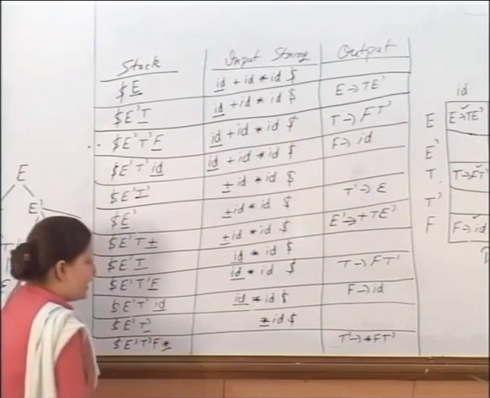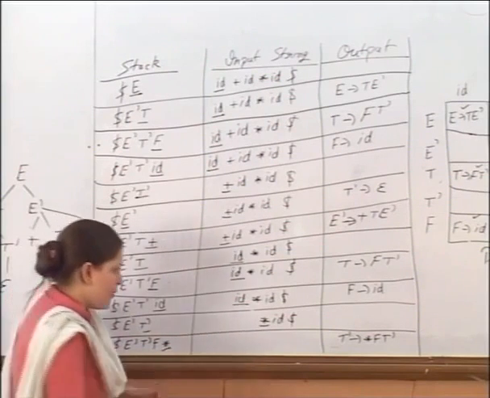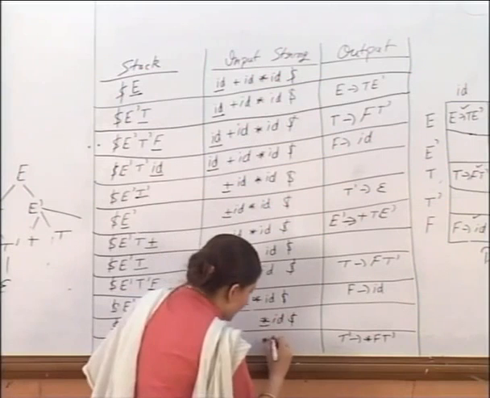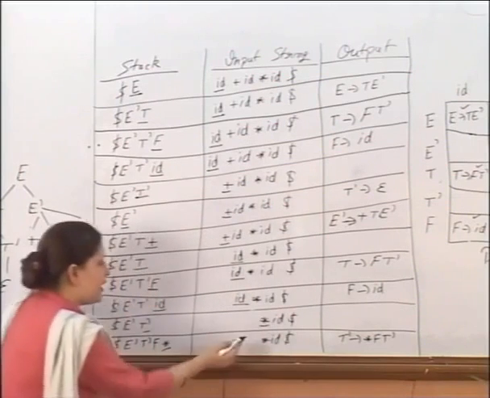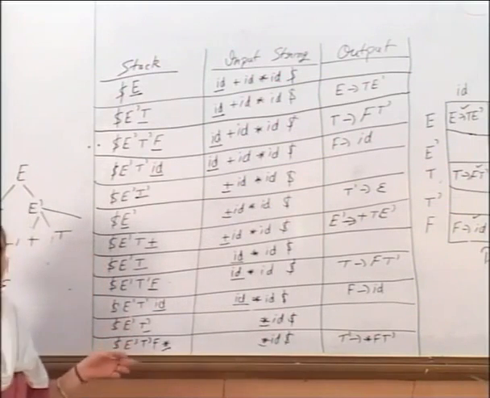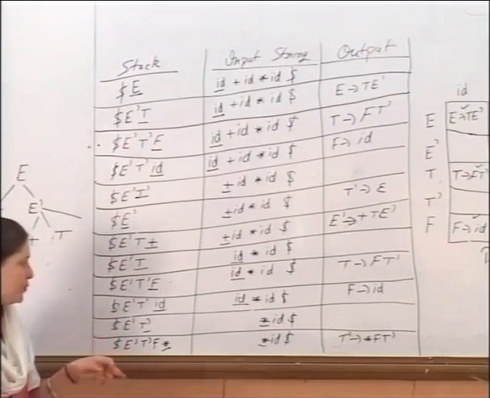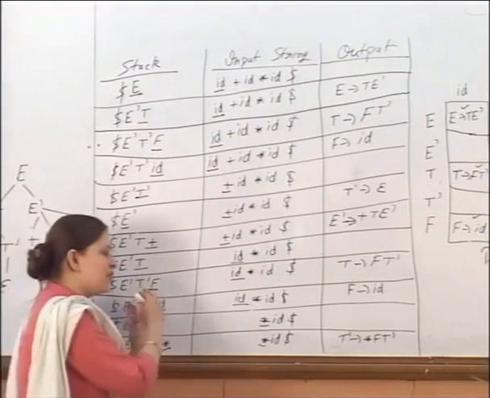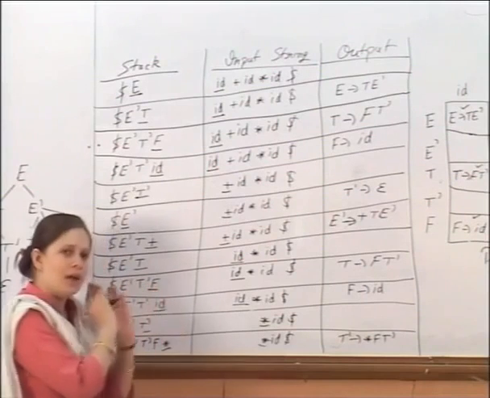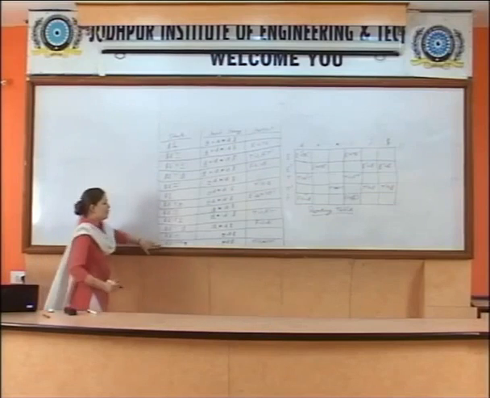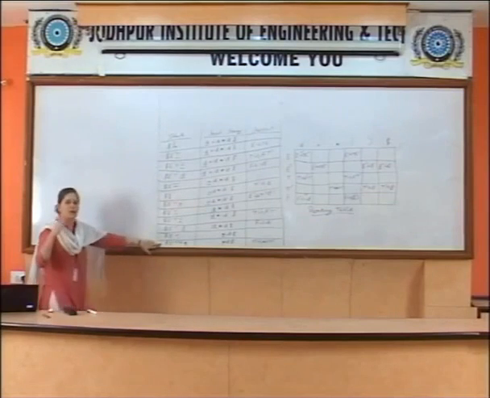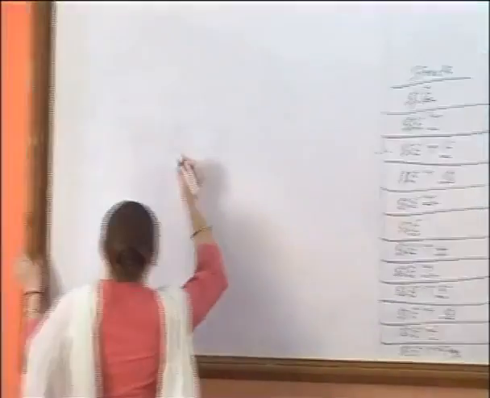Now again the value at the top of the stack and the value at the input pointer both match with each other. That means pop it from the stack and remove it from the input buffer. Now from this step we are switching to the next step.